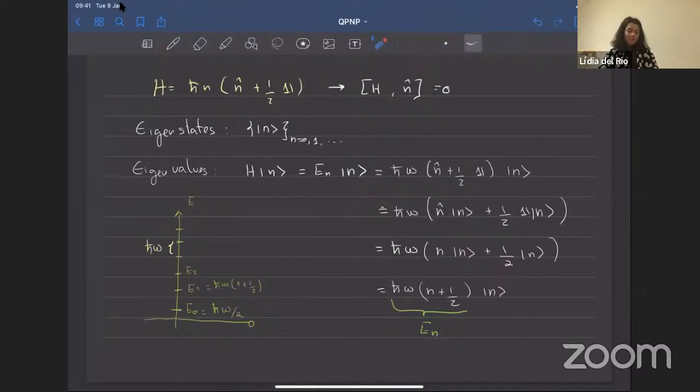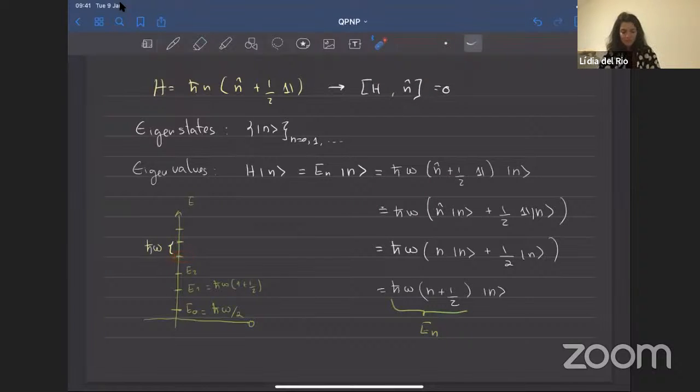Something that's interesting is that the ground state doesn't have 0 energy, it has finite energy. And the other thing is that this makes the system very, very useful. For example, one example is to use it as a little battery. If I want to know what energy I have, I can just put the system in any of these excited states, if I have the tools to do so, and then I know exactly how much energy is stored there.